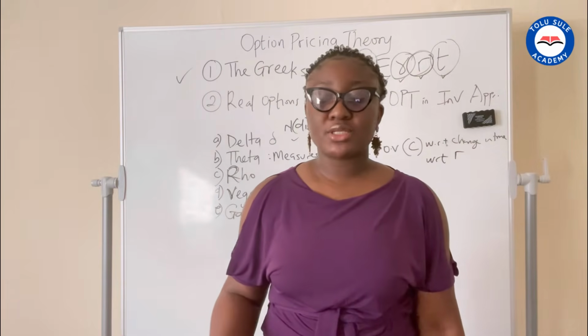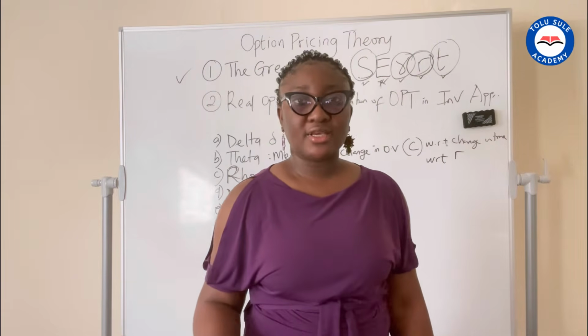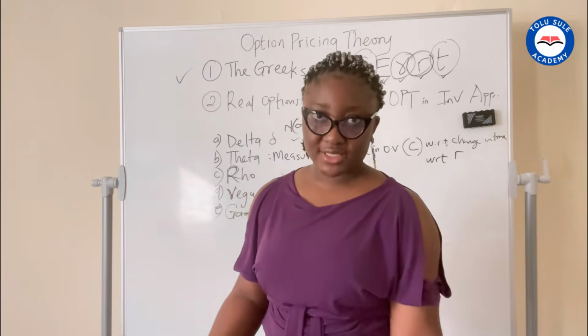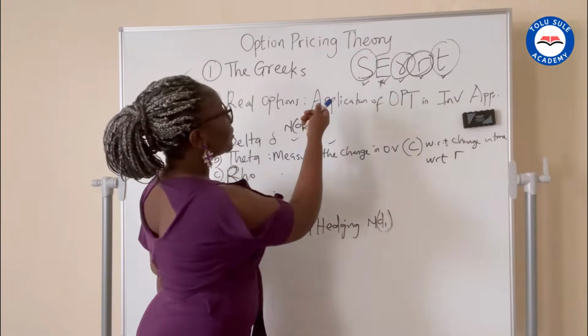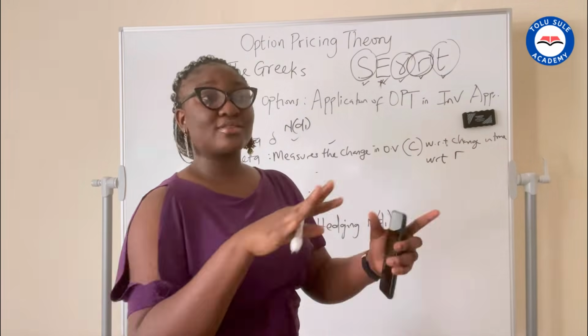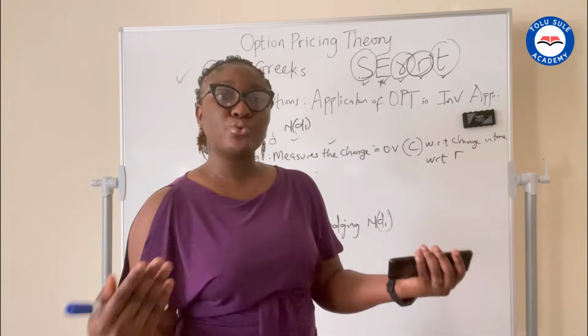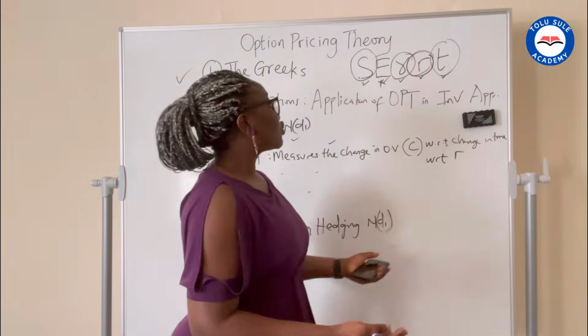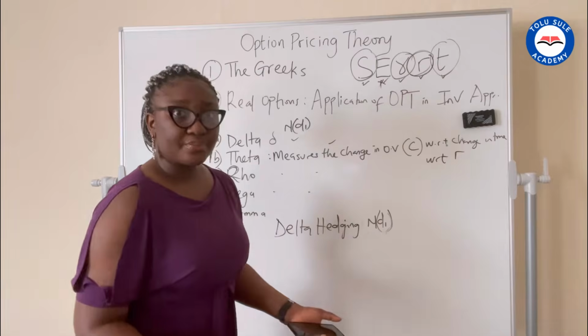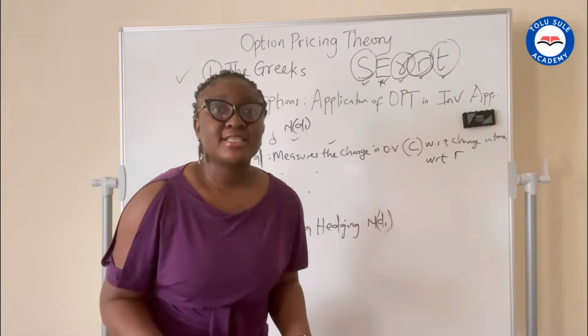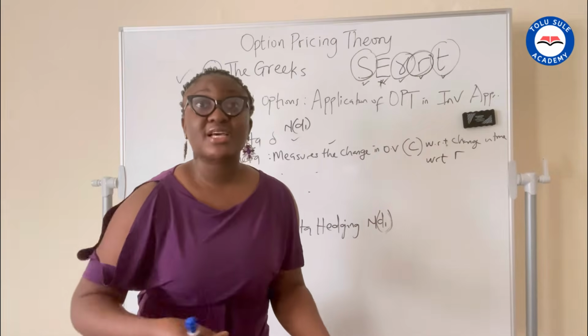Delta hedging means you are guarding against risk. Okay, and that risk is the fluctuation in prices. The prices of the assets. You know, there's an asset that this whole option thing is because of a particular asset that you're protecting. You don't want to lose money, you don't want to lose value. So the concept of delta hedging is to guard against fluctuations in prices, the risk attached to fluctuations in prices.